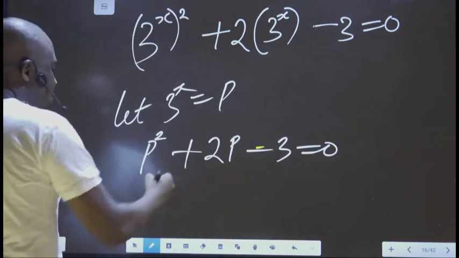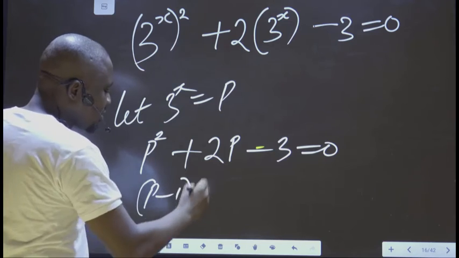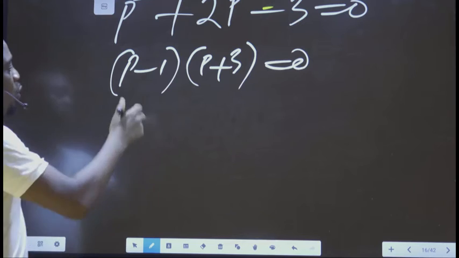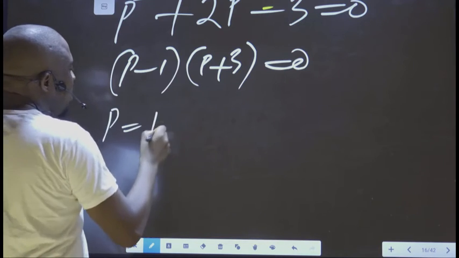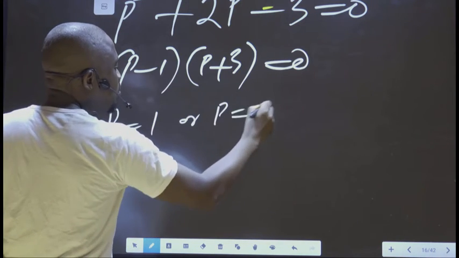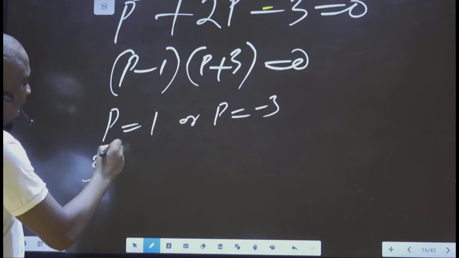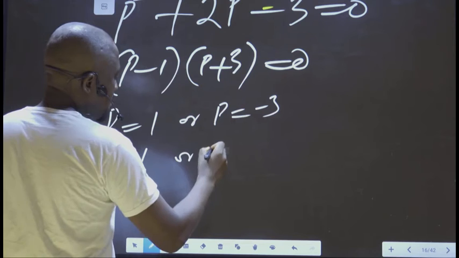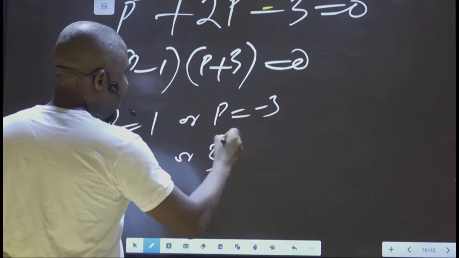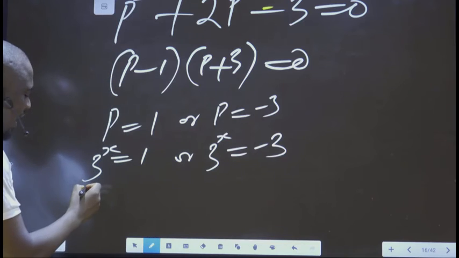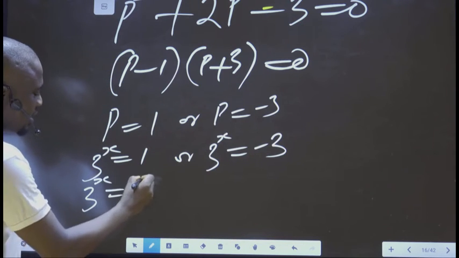If you work on this now, you have p minus 1, p plus 3 equals 0. With this now, we can say p is equal to 1 or p is equal to minus 3. What is p? p is 3 raised to power x equals 1, or here 3 raised to power x equals minus 3.